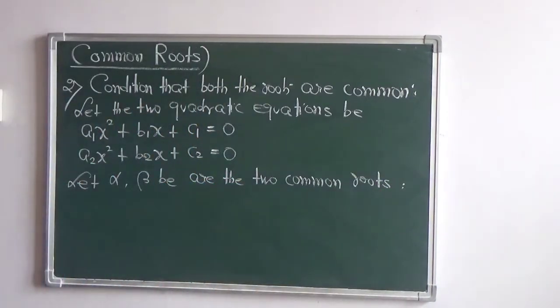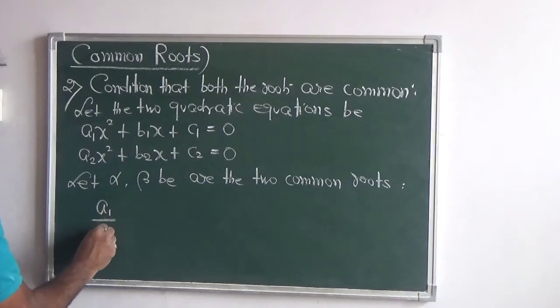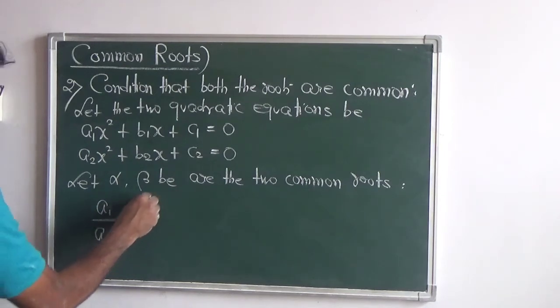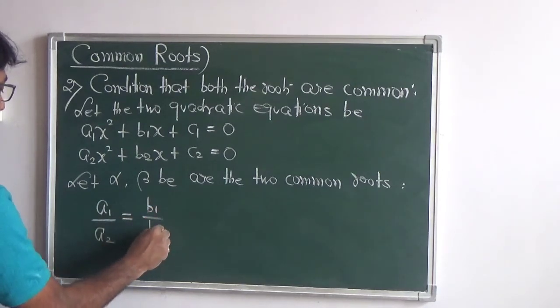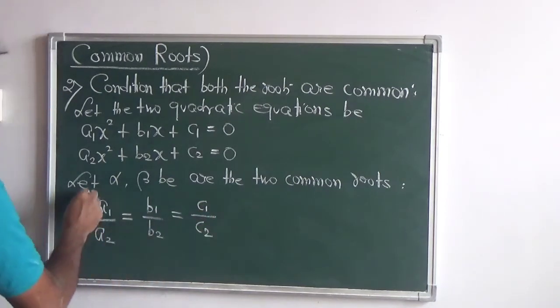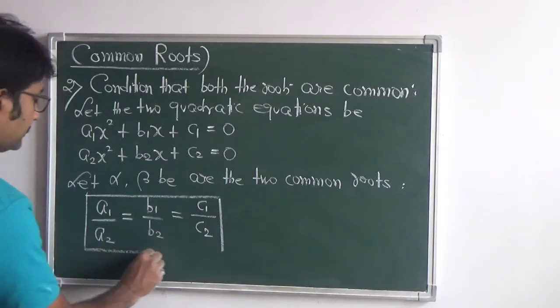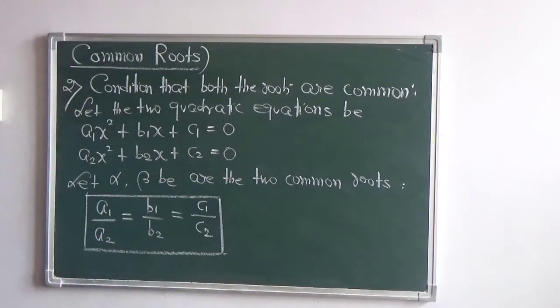So if alpha and beta are the two common roots of both the equations, then the condition will be a1 by a2 equals b1 by b2 equals c1 by c2. So this is the condition when both roots of the two given equations are common.